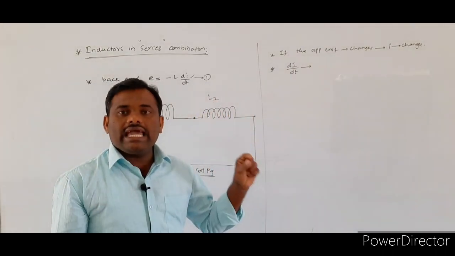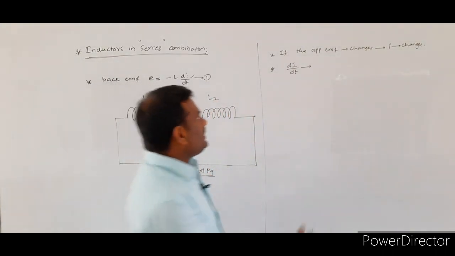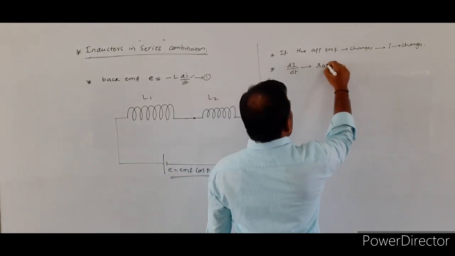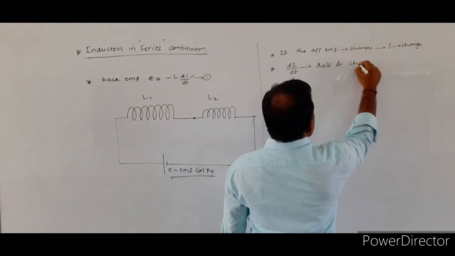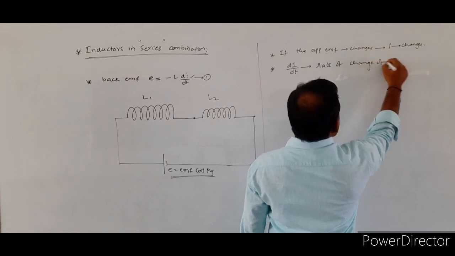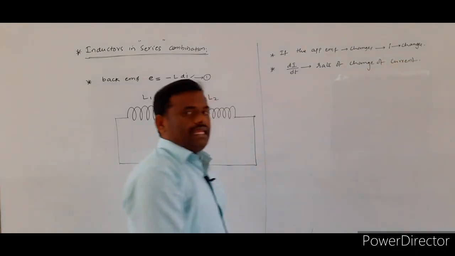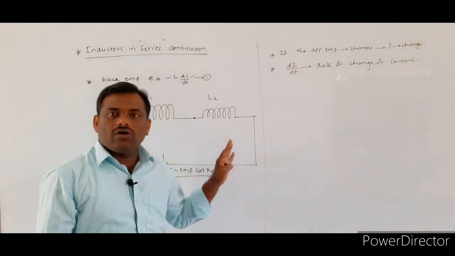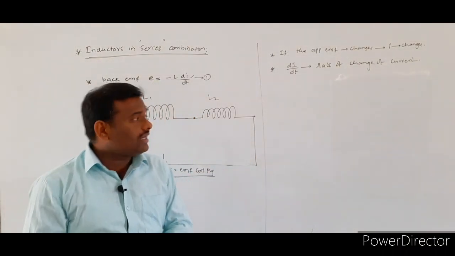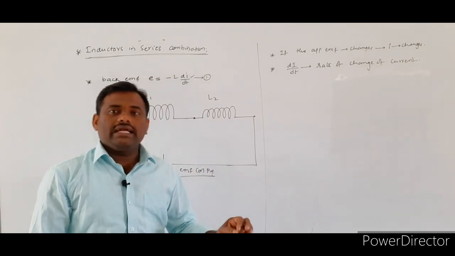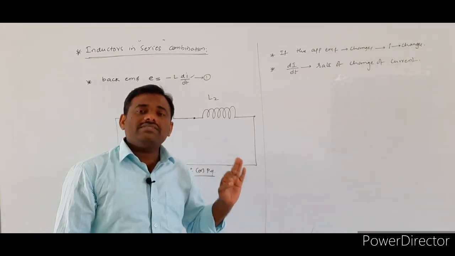Di by dt denotes the rate of change of electrical current passing through the given circuit.